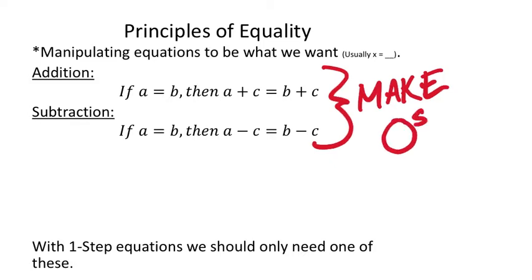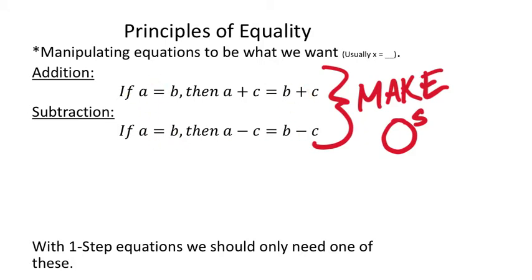So we're going to take control of these values, these equations, these comparisons of expressions, and force values to become zeros. This is where we take control of the values in the equations instead of them taking control of us, as long as we understand these two principles of equality.